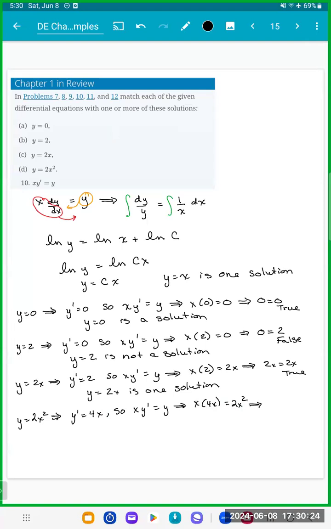X times 4x is 4x squared equals 2x squared. That is a false statement. So y equals 2x squared is not a solution.